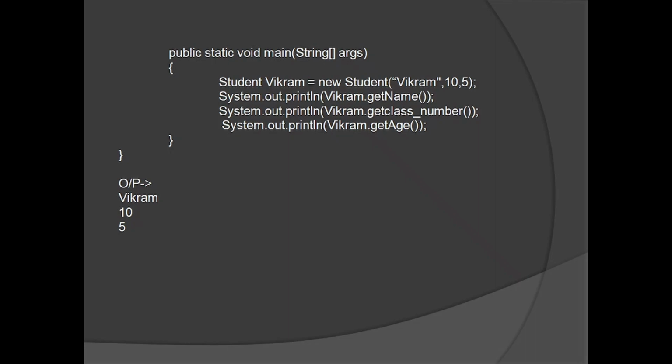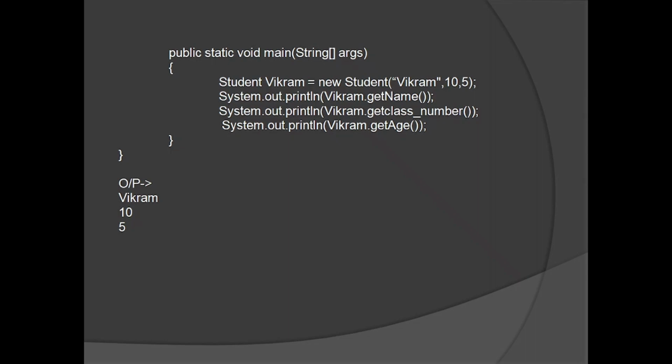Let's imagine we created a class Student, and after that we created an object of that class. The Student class is only a blueprint. When we create an object of that class, like Vikram as an object of class Student, Vikram represents a particular student, not a whole class, not a bunch of 50 students. It represents only a single student, not all the students of that school or university.